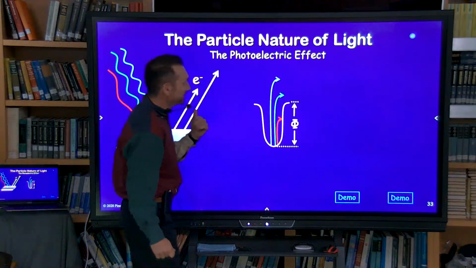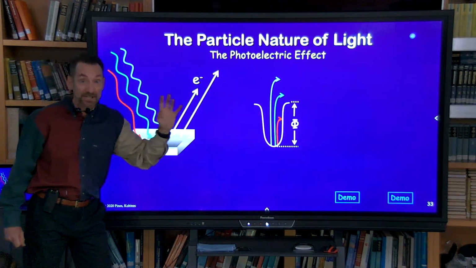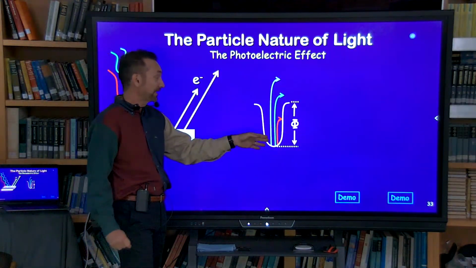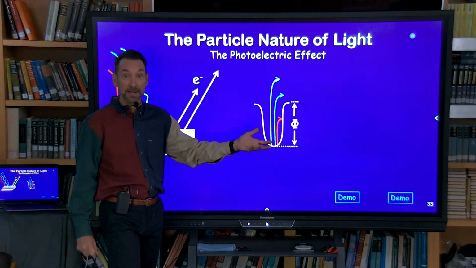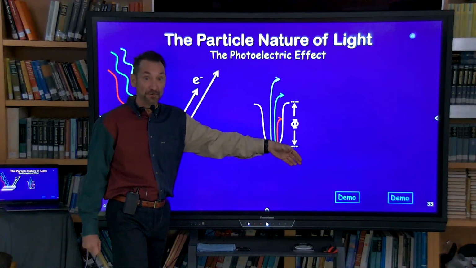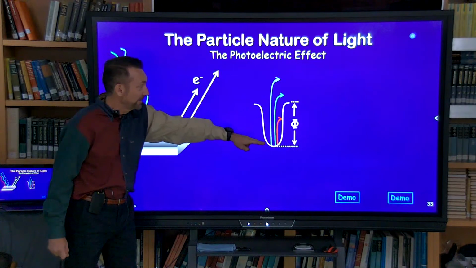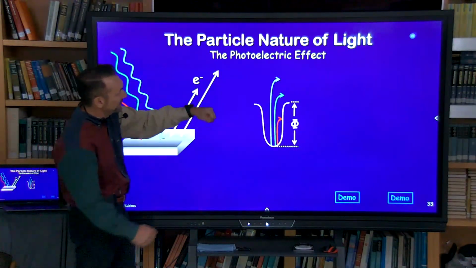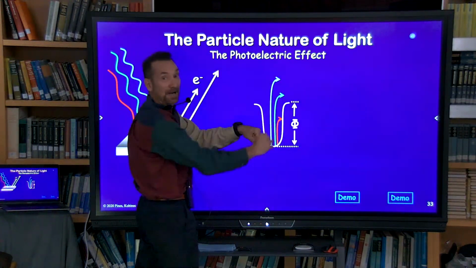And Einstein was able to understand this because he said, it's the particulate nature. It turns out this other guy, Max Planck, at the same time had postulated that light had a particulate nature to it. Planck's constant, he said E equals h nu. And Einstein said, what's happening is the particles of light have to hit an electron and knock them out.